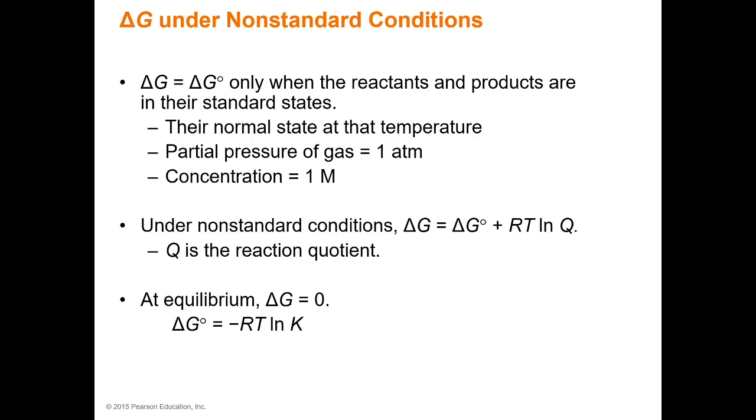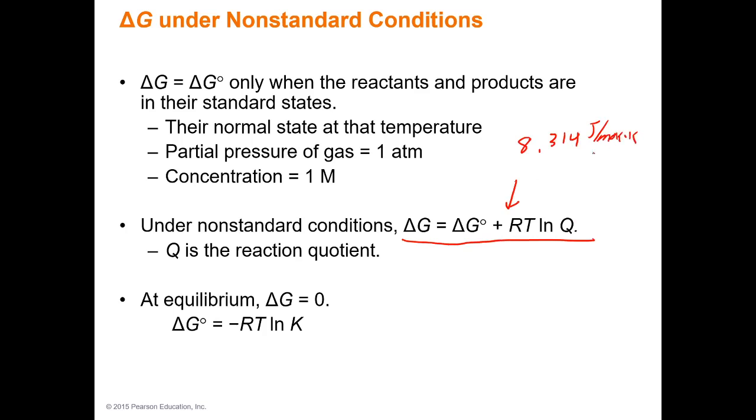What you can do then to convert between delta G naught and delta G is we're going to work with that idea you learned in equilibrium called Q, the reaction quotient. So we have this reaction, delta G equals delta G naught plus RT ln Q, with a note that this R is 8.314 joules per mole Kelvin.